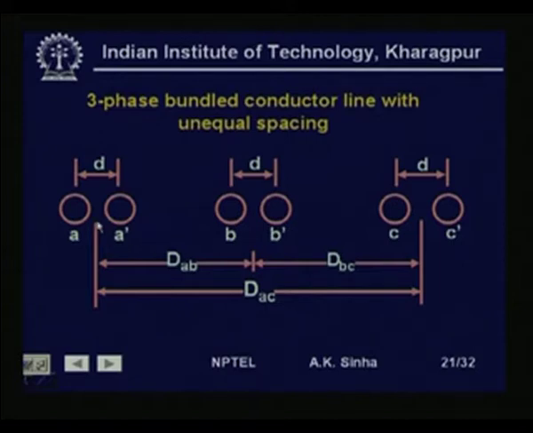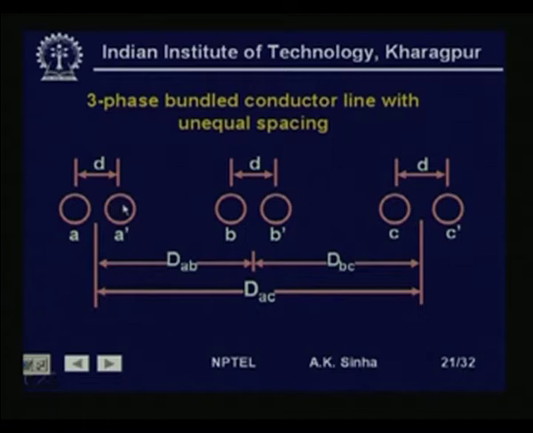The distance from the center of conductor bundle A to conductor bundle B is D_ab. The distance between the centers of bundle B and bundle C is D_bc, and the distance from the center of bundle A to the center of bundle C is D_ac.